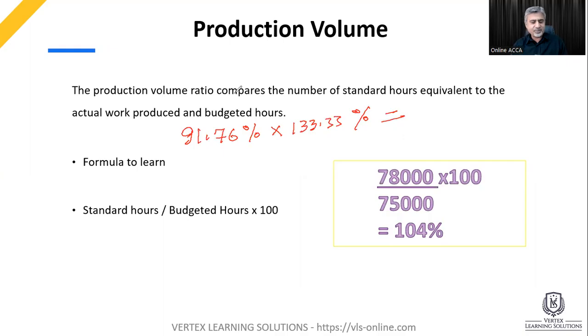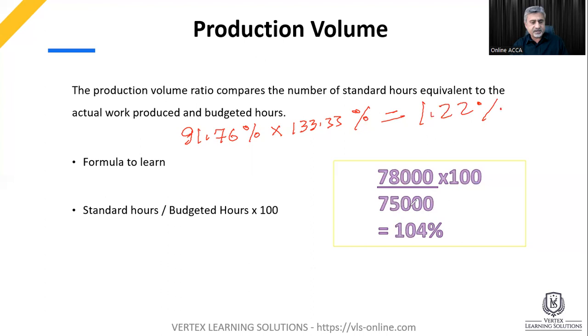Wait a minute. 0.9176 times 1.3333, 1.22. There is some mistake in some number here, because I get 122%.